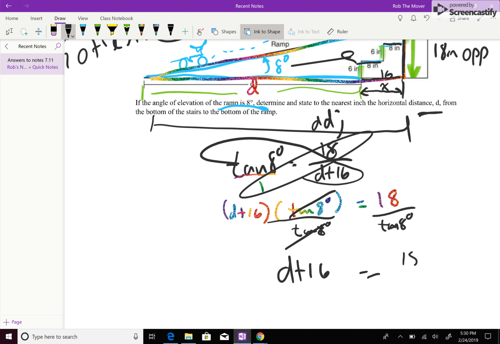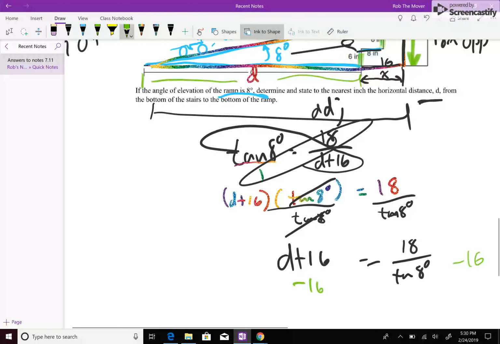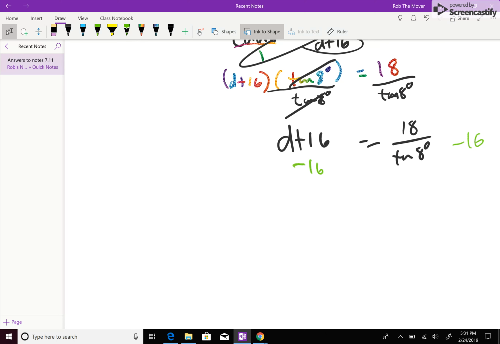And I got 18 over tangent of 8 degrees on the right. And now I got to use some algebra here. I'll subtract 16 on both sides. Now I get my variable d is equal to 18 over tangent of 8 degrees minus 16.